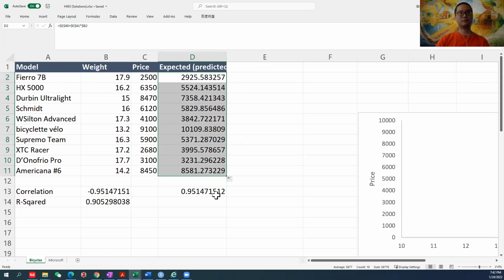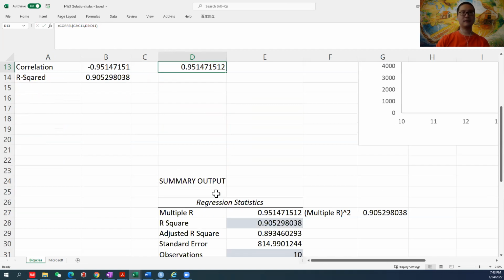Then if we run a correlation coefficient between the original price and the predicted price, we find that this correlation coefficient has the same magnitude as the correlation coefficient between X and Y, weight and price, except that it's positive.